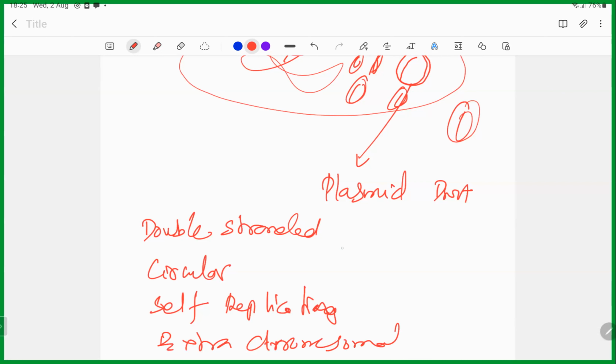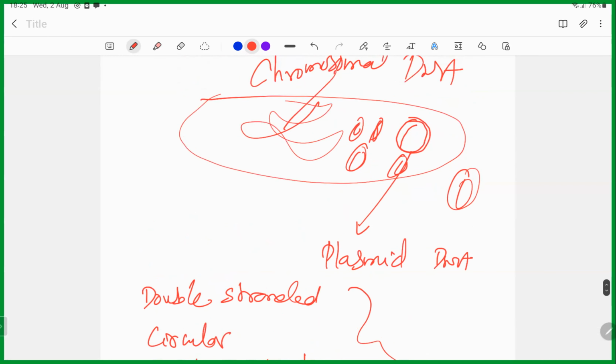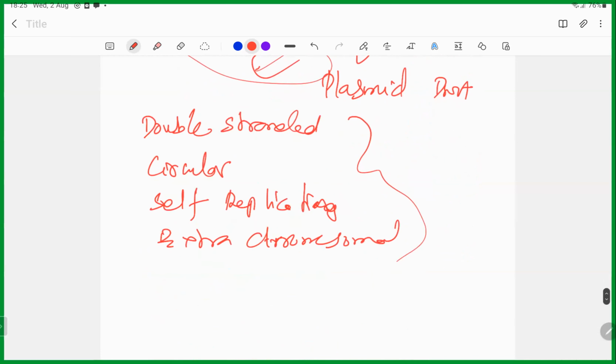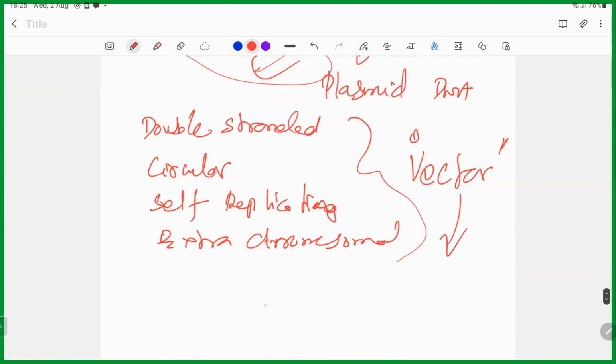That is called double stranded circular self-replicating extra chromosomal DNA, which can carry genes from one bacteria to another through plasmids. Since they are the carrier, they are called what? Vector. They can carry, transfer genes from one bacteria to other bacteria.